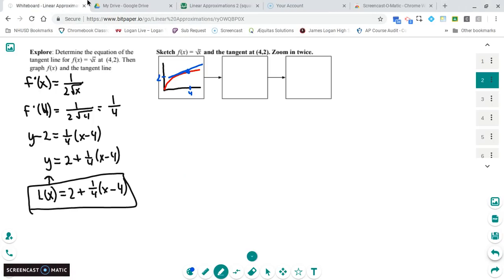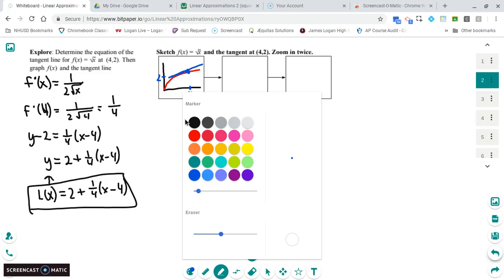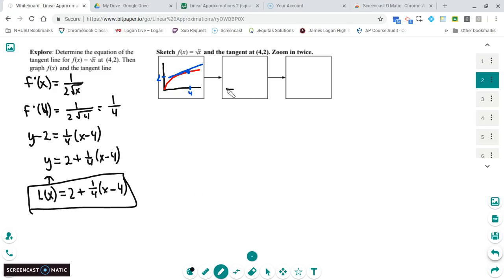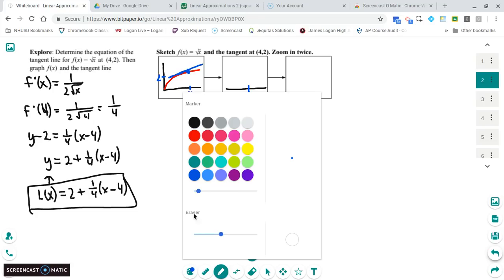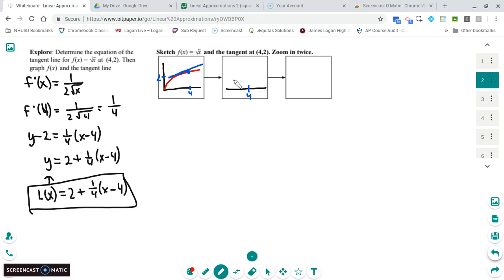We can go ahead and make a sketch of that. So I'm at x equals 4. And there is some curvature to the square root graph. And then I draw my tangent line.